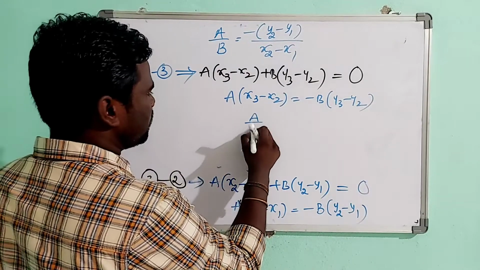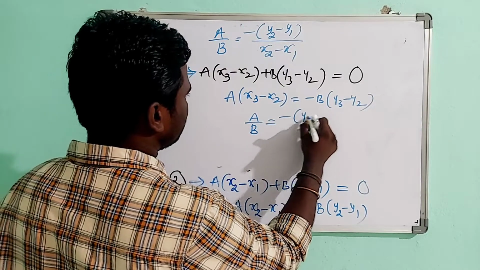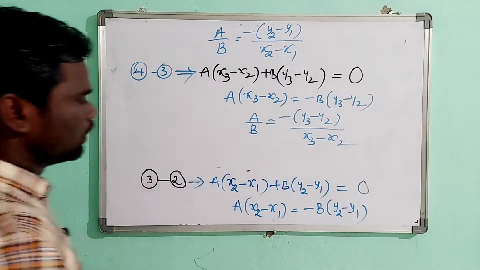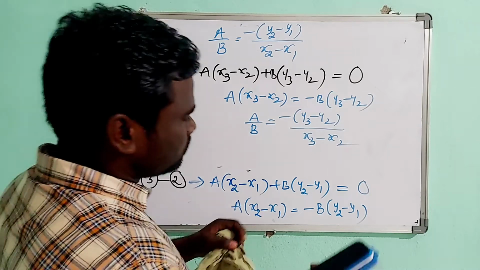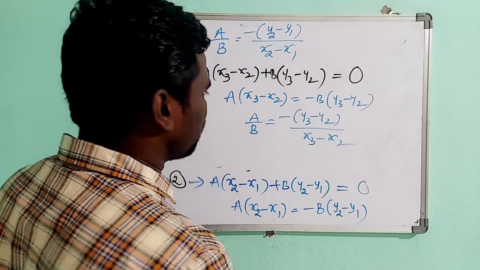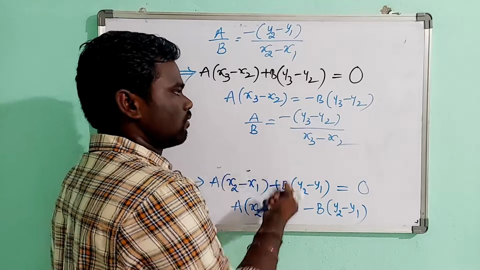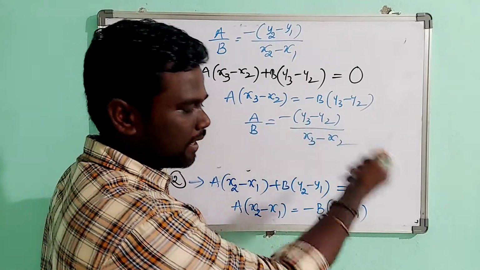Now a by b equals minus (y3 minus y2) by (x3 minus x2). Similarly, subtracting the first from the third, a by b equals minus (y3 minus y1) by (x3 minus x1).